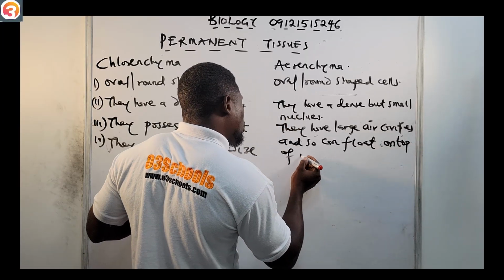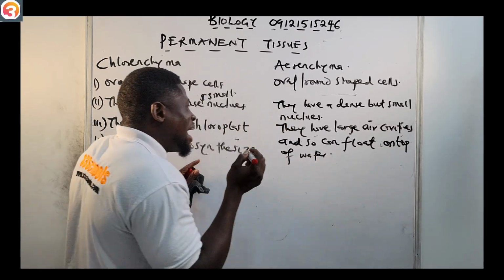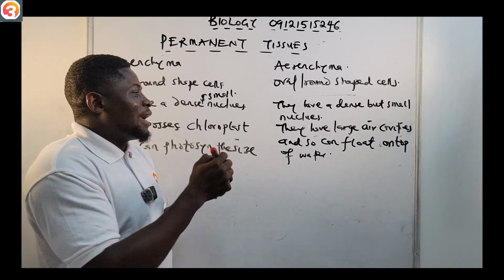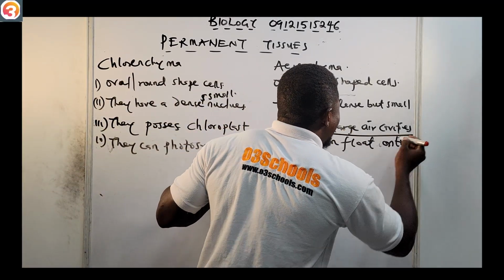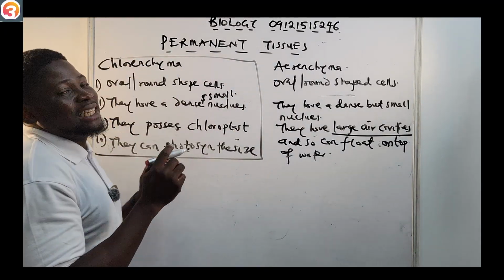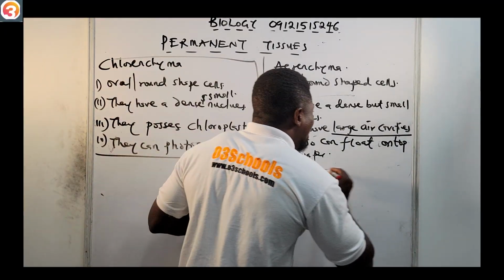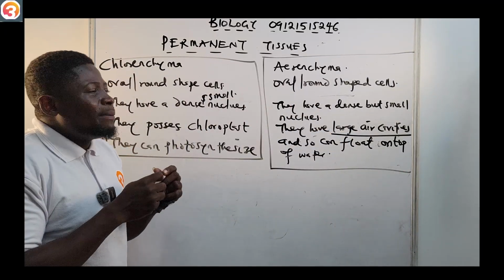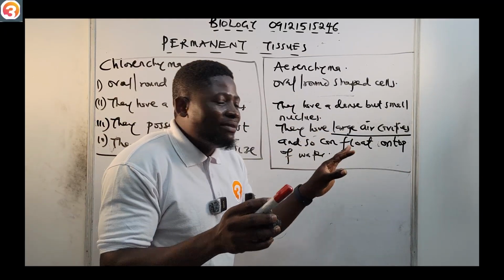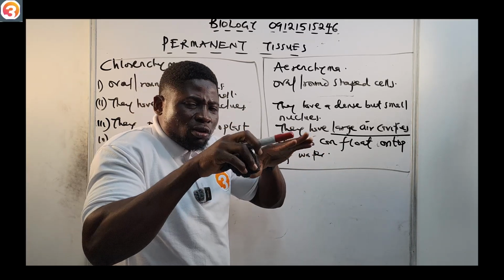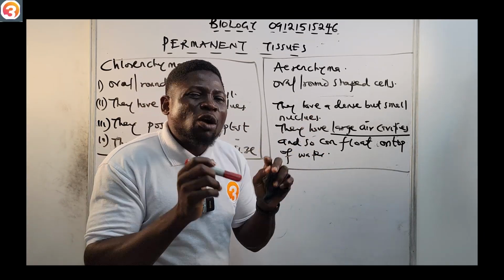Why are they able to float on top of water? Because of the possession of these large air cavities. This Collenchyma tissue does not have these large air cavities. It is only peculiar to the Parenchyma tissues. So Parenchyma tissues have large air cavities, and so those plants can float on top of water. They are aquatic plants.